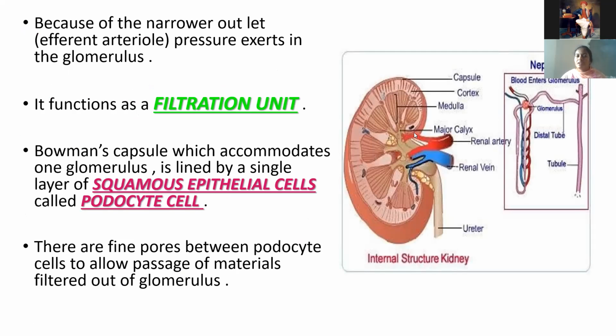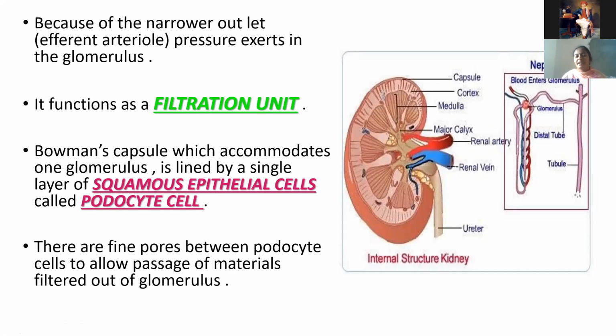What is the filtration unit? The glomerulus. This is the glomerulus. The glomerulus is the filtration unit. Next, the Bowman capsule accommodates the glomerulus.